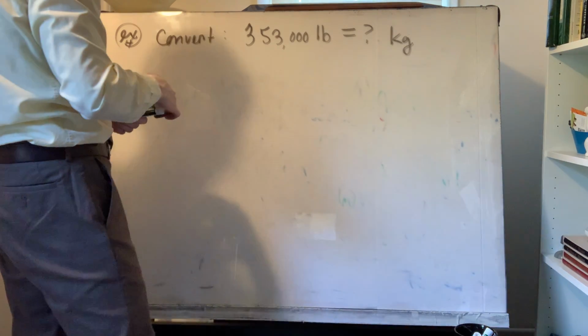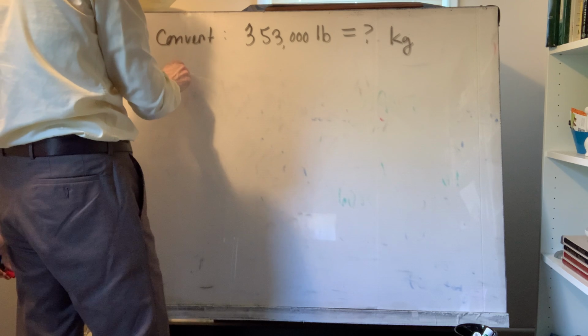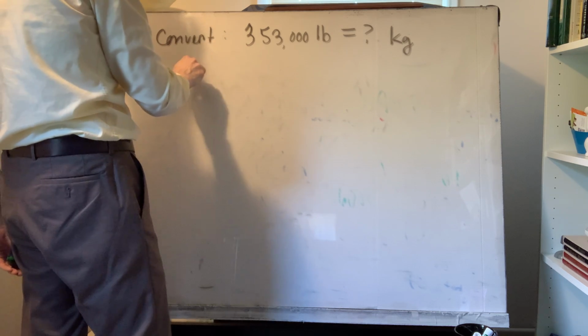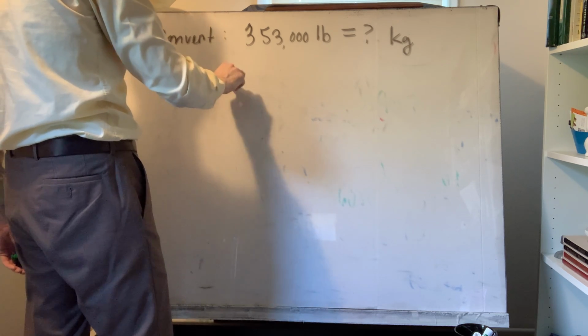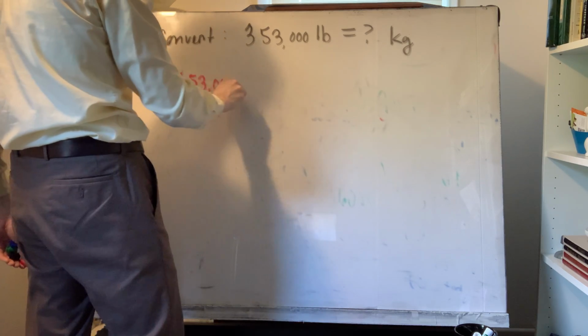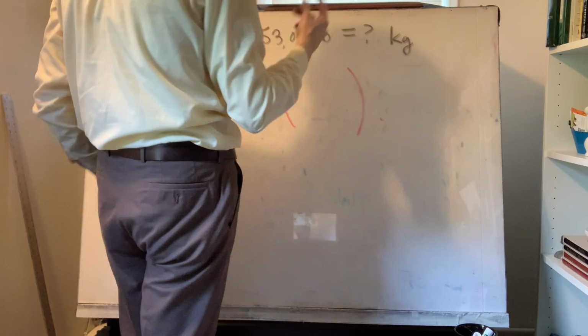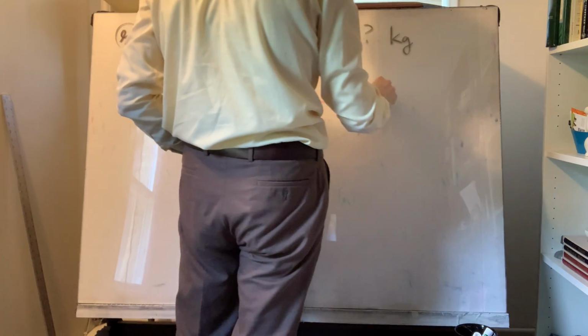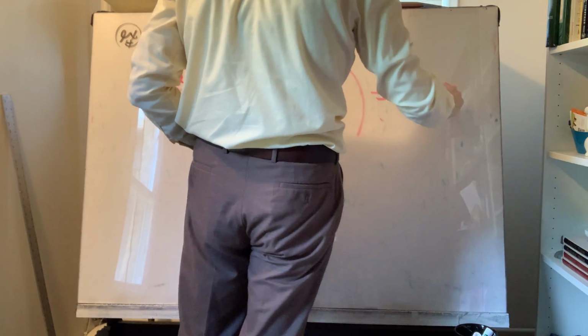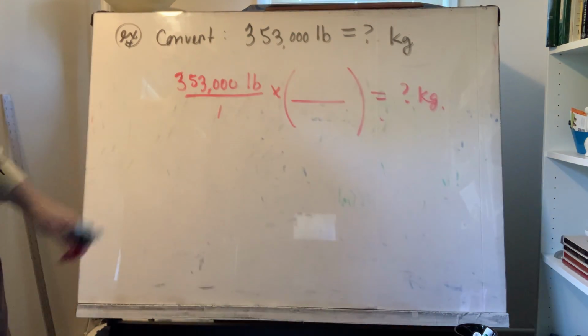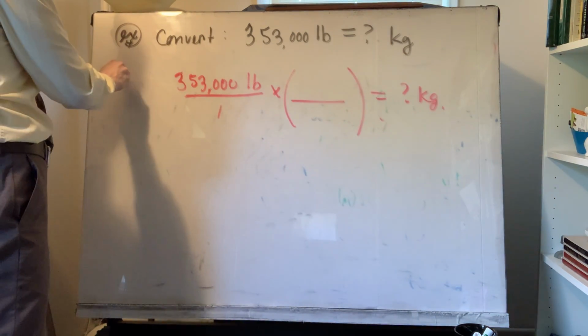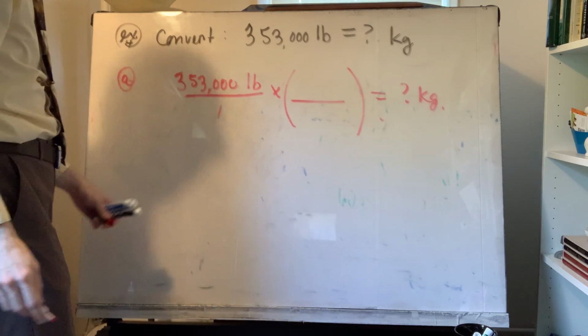So what you would do is write 353,000 over 1, if you like, LB times the appropriate conversion factor, which we do have a direct conversion factor, and that will spit out so many kilograms. This is essentially part A of example 4.